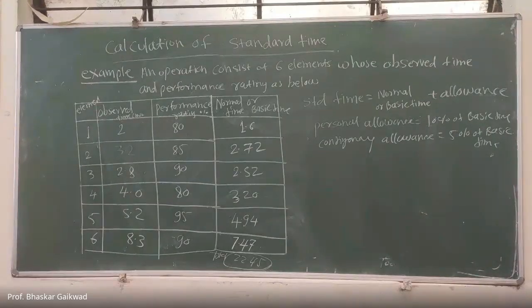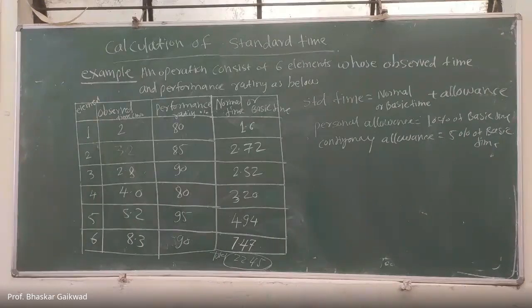So in this problem, they have given two types of allowance. That is the personal allowance, 10% of basic time, and contingency allowance, 5% of basic time. So first we have to calculate personal allowance.